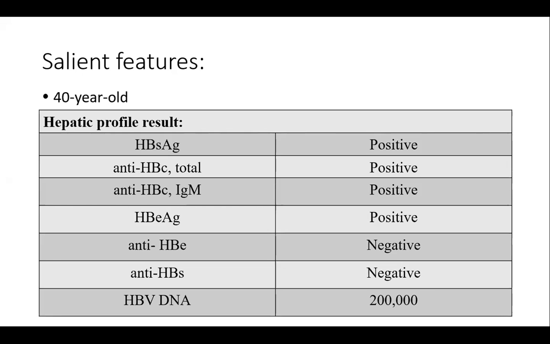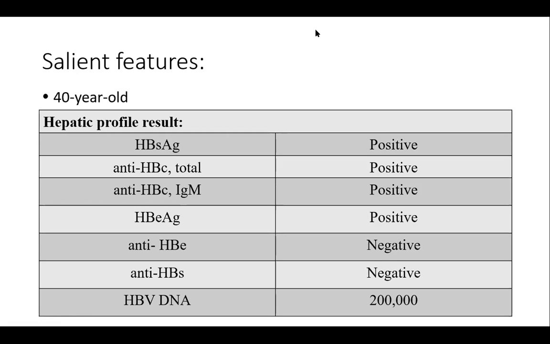Next, the anti-HBc total is also positive, which indicates a past or current hepatitis B infection. Next is anti-HBc IgM, which is also positive. It indicates a recent infection with Hep B virus. Its presence indicates acute infection.